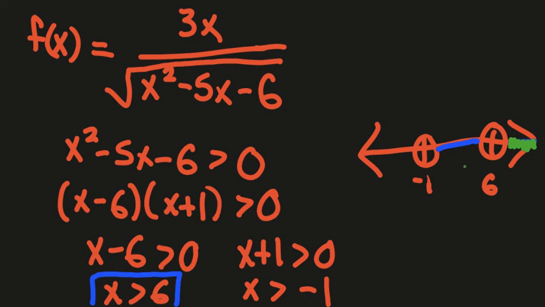For example, 0, positive 3, positive 4, none of these are greater than 6. They're greater than negative 1 and they meet one of the criteria, but they don't meet both. So the interval notation of the domain for this function is going to be from 6 to infinity.